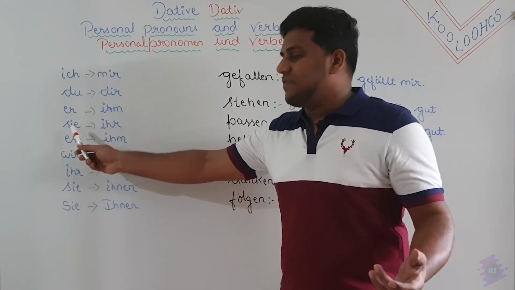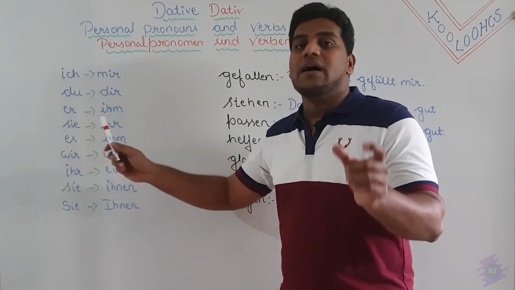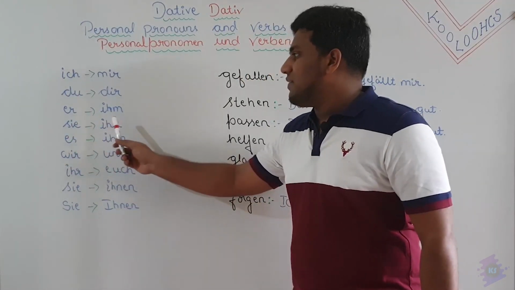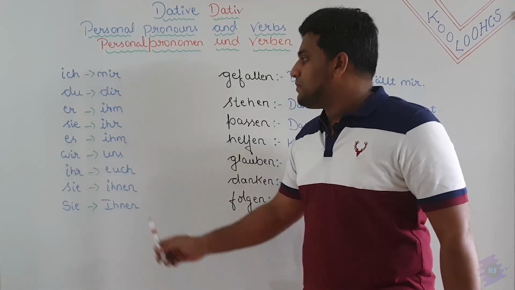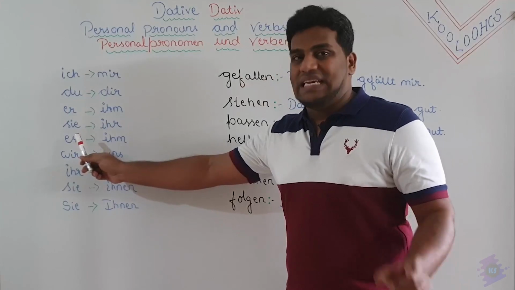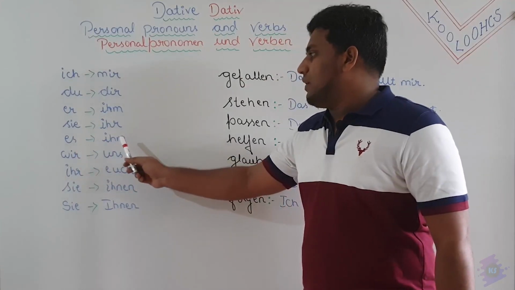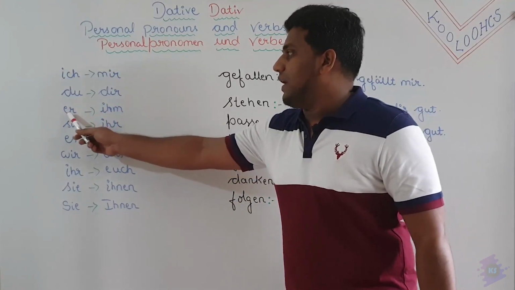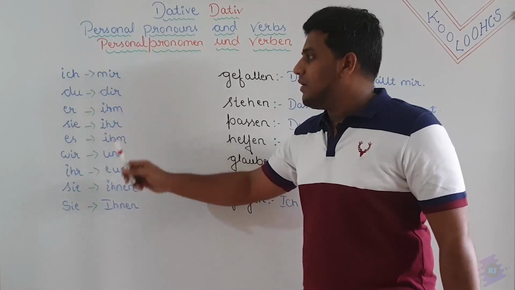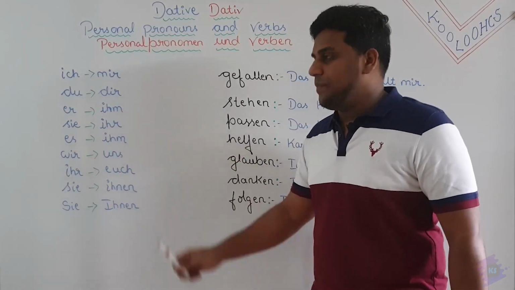And for she, that is sie, you have her in English. Here it is ihr. Again R is silent. And for es, which is it, you have ihm, which is the same as er. For er also ihm, and for es also ihm.